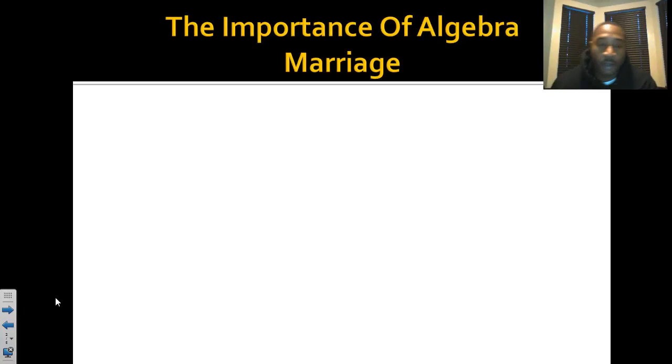Okay, so first thing we need to realize is the importance of the algebra marriage. That's what I call it. And we know that a marriage is when both man and woman are bound together. Well, in this case, we're not talking about man and woman. We are talking about number and letter. For instance, 3x.